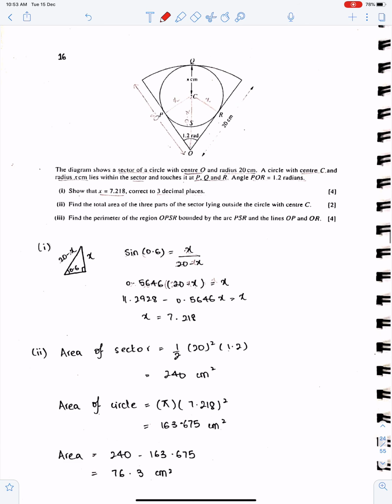This question is important, and this will be the last question of this lecture. In this question, this thing is very important. This is the radius. This total length is 20.